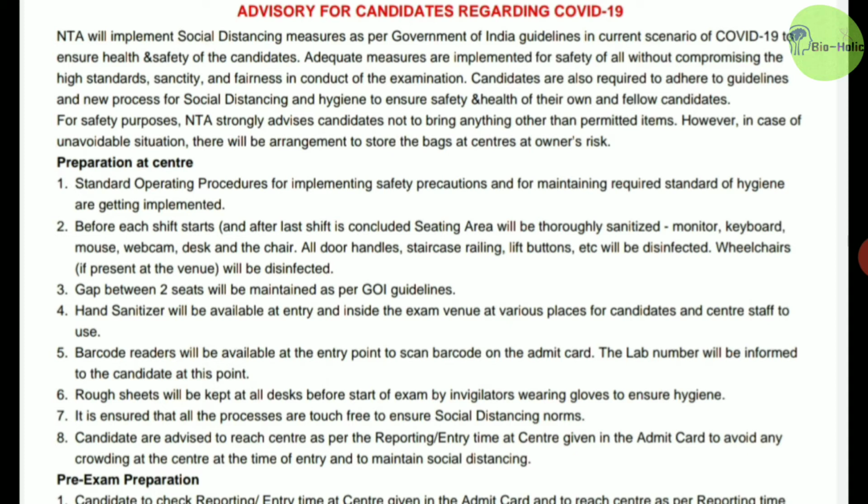For safety purposes, NTA strongly advises candidates not to bring anything other than permitted items, which is very important. There are some preparations at the center which the center has to maintain, which you can read out.